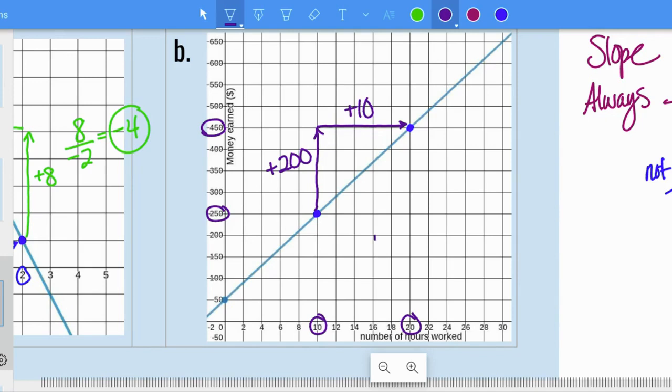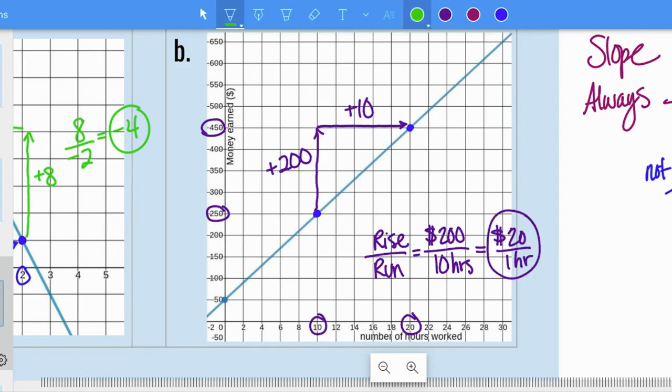So our rise over run ratio is a rise of $200 over a change of 10 hours, which we could reduce down to $20 each 1 hour. And that would be our rate of change.